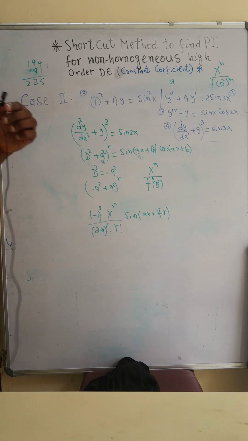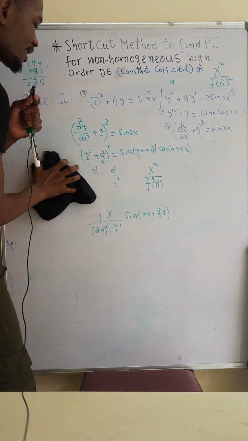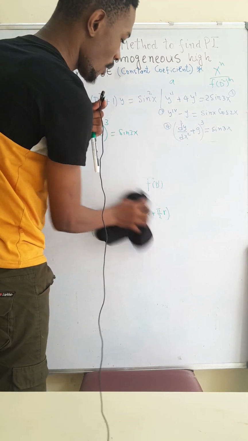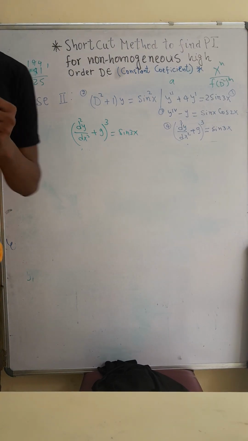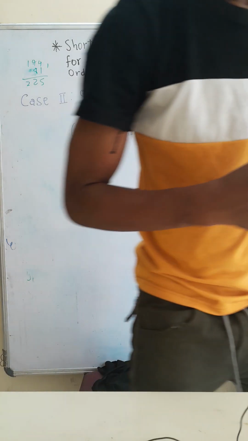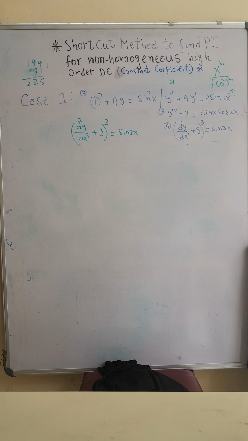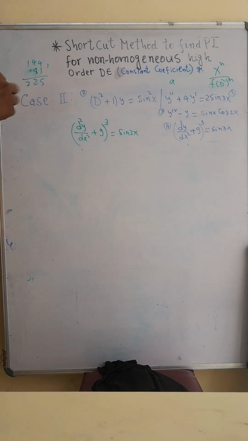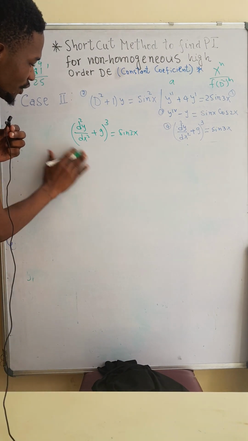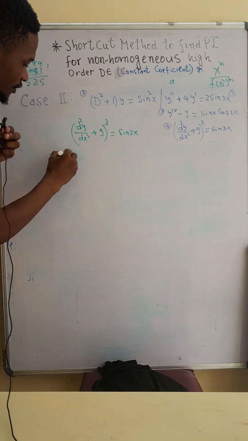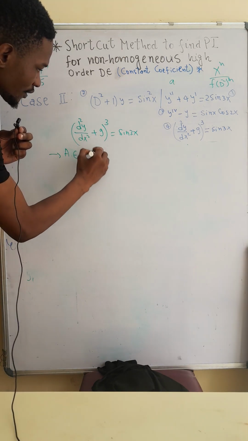Okay? Let's first find yc. To find yc, we first have to write the auxiliary equation. What is the auxiliary equation in this case?